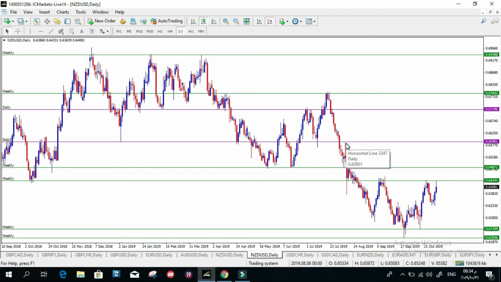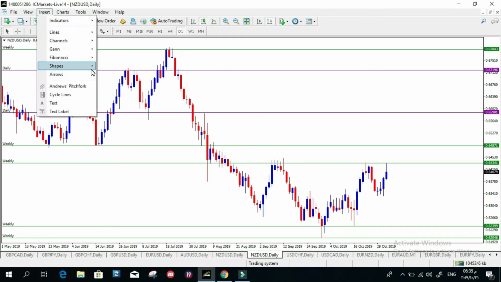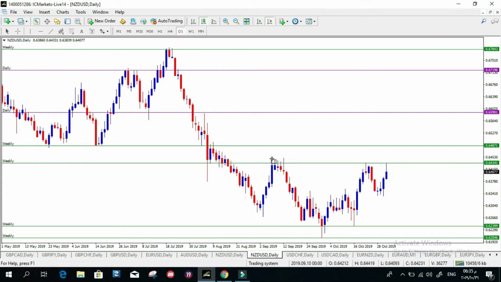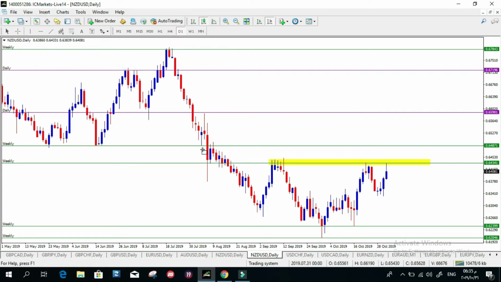Next step, I need to turn those lines into zones by highlighting all the upper and lower tails together, like this. For example, all those highs, they need to be highlighted together to have my resistance zone, and I do it in this way. Next, we have this zone.